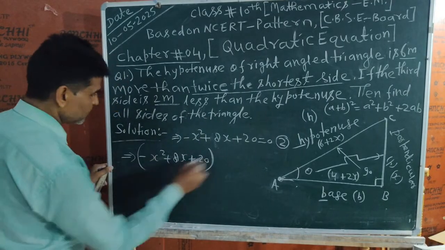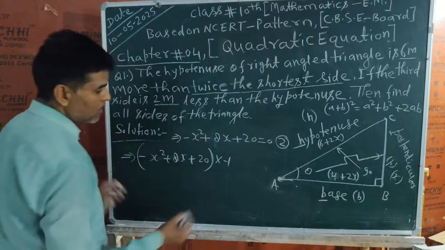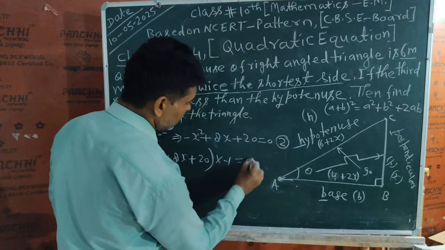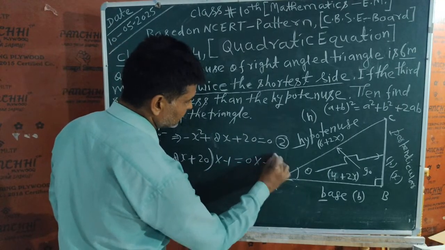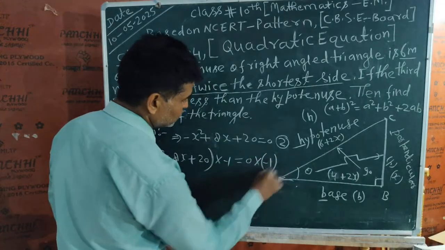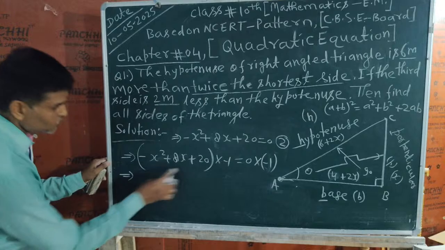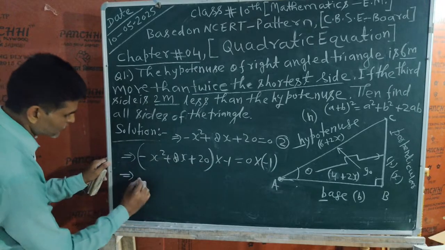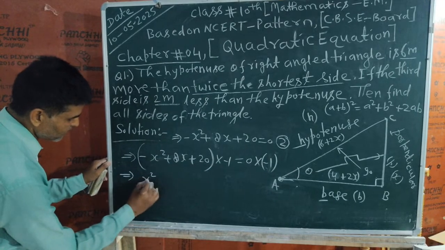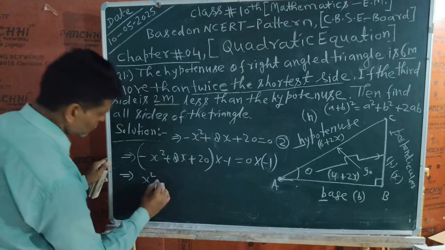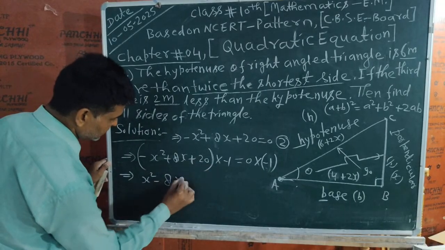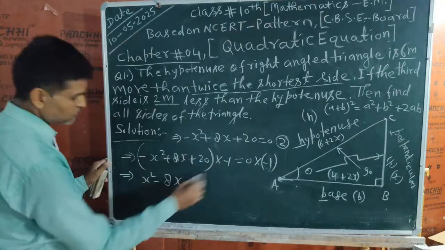I have to multiply with minus 1. This is the left hand side, and in the right hand side I will also multiply with minus 1. So after multiplication, this minus and this minus will be plus, so I will write x square. This plus and this minus will be minus, so I will write minus 8x.